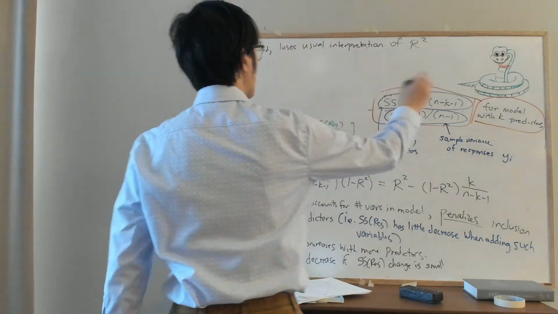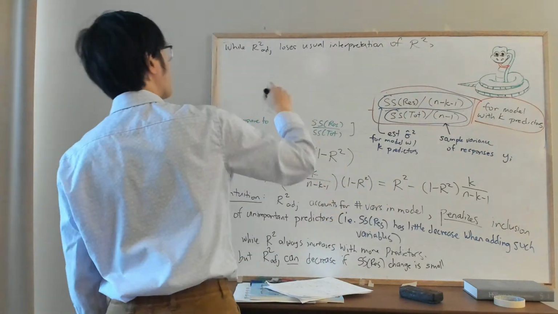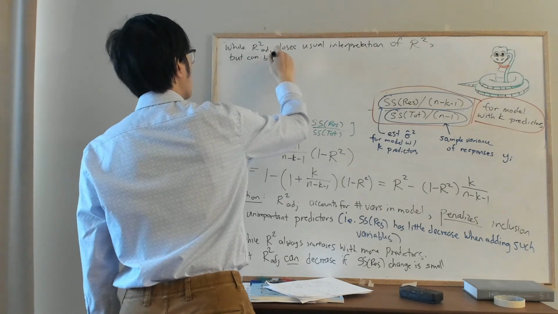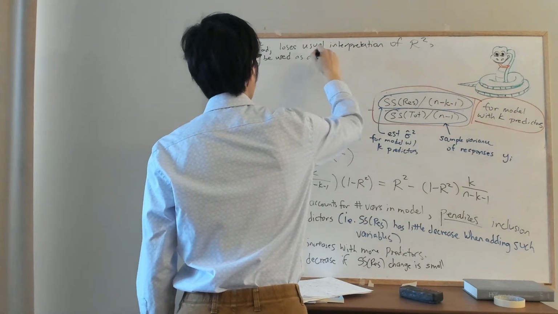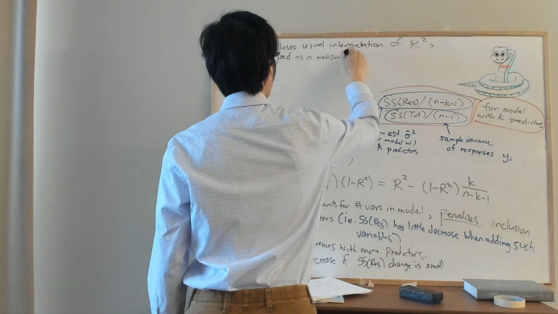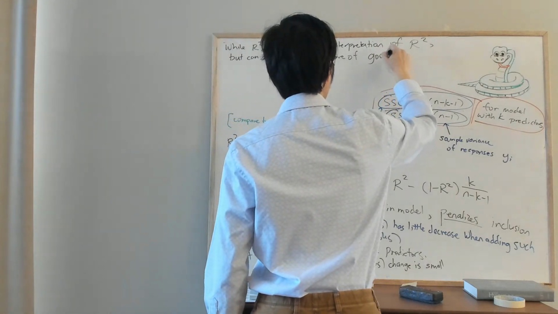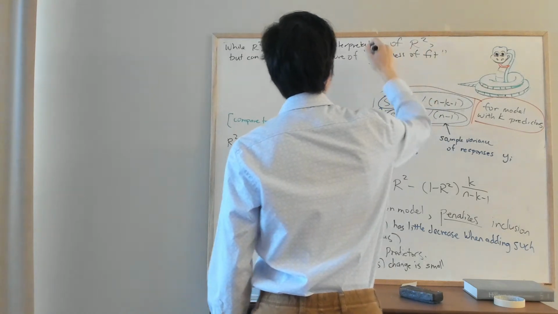But the way it's defined, it can be used as a model selection criterion, as a measure of, remember the first term I used, goodness of fit. This would be an example of measuring the goodness of fit.